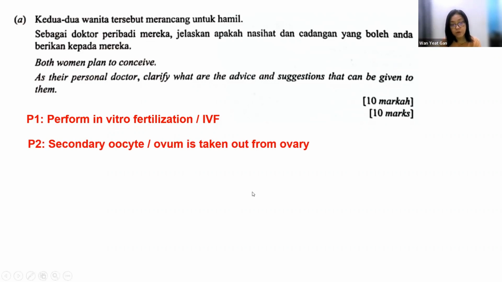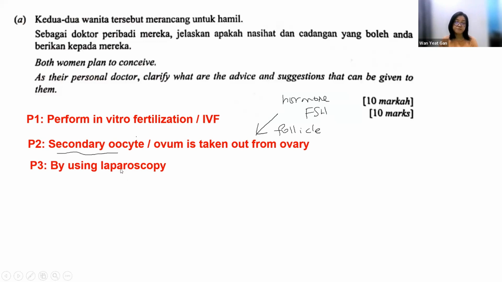Of course, before that, the woman has to be injected with a hormone such as FSH to encourage the growth of follicle. Okay, when the follicle matures into a secondary follicle, then only you remove the secondary oocyte. Okay, so it has to mature first.